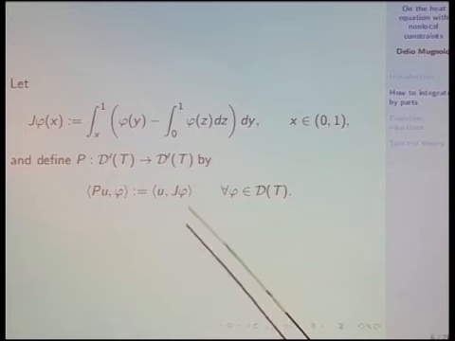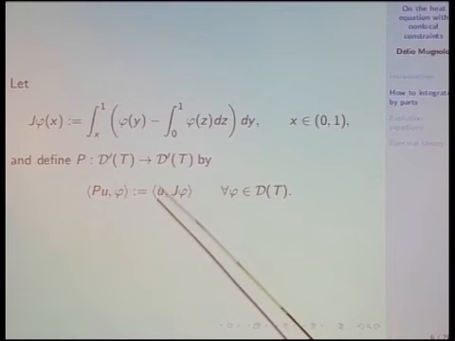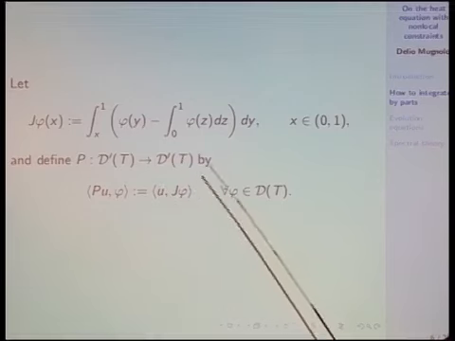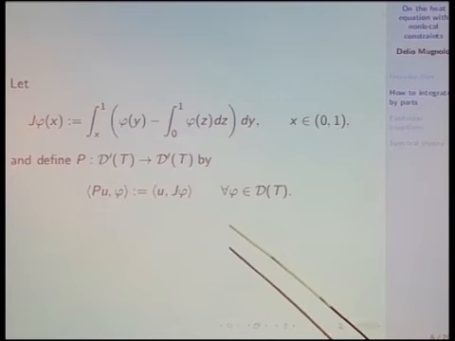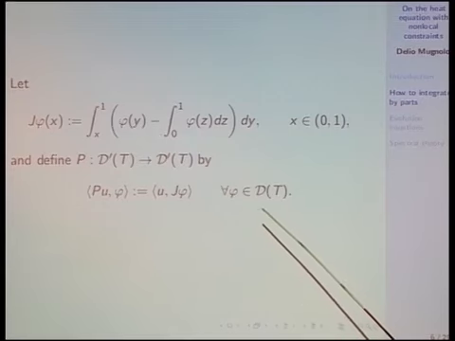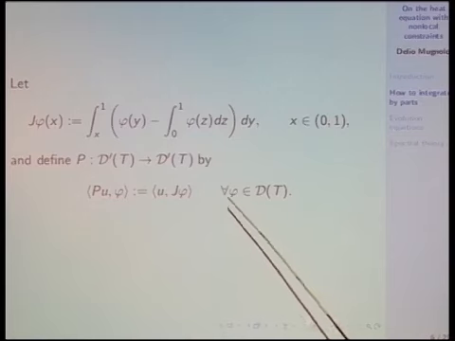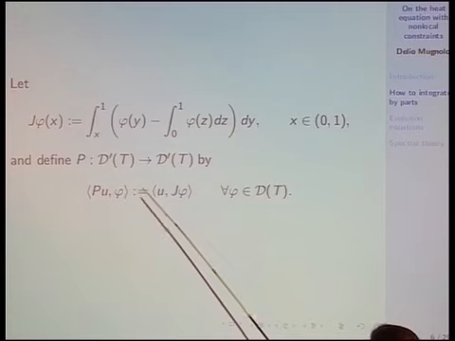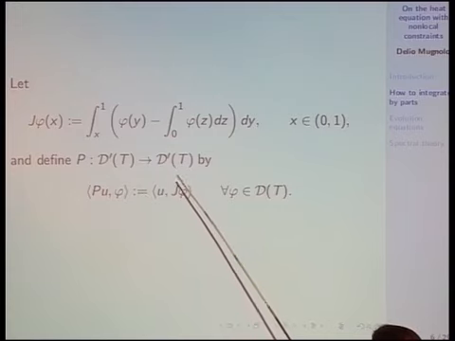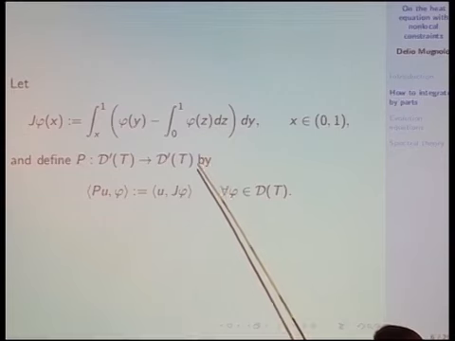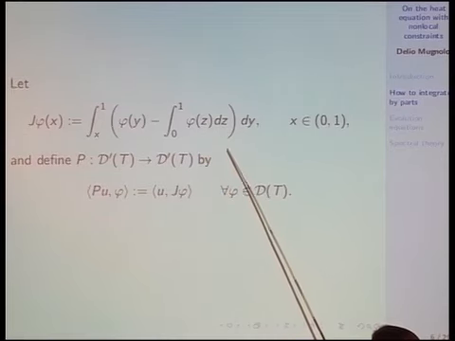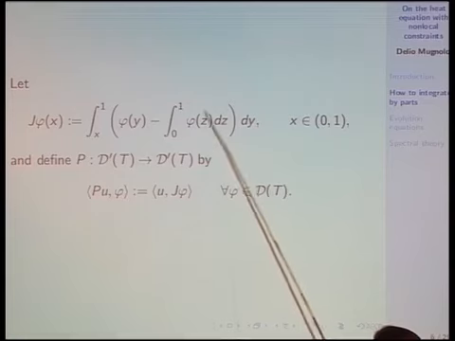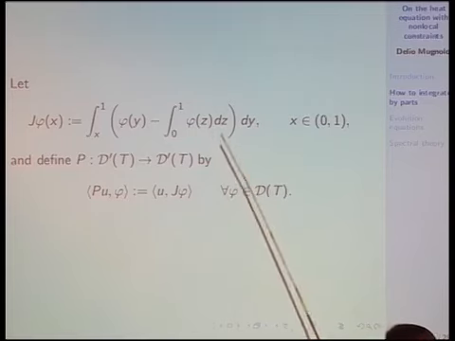So first of all, we want to consider a primitive of functions phi. And of course, you have infinitely many primitives of a function, but you can uniquely determine a primitive if you also add this integral term here.